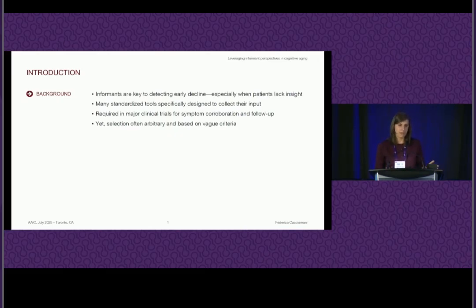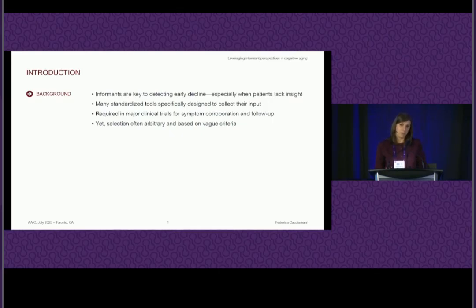So we have many standardized tools completed by the informants, and the presence of informants is required in many clinical trials, including major clinical trials, for example, Trailblazer on donanemab, and they are needed for symptom corroboration and follow-up.